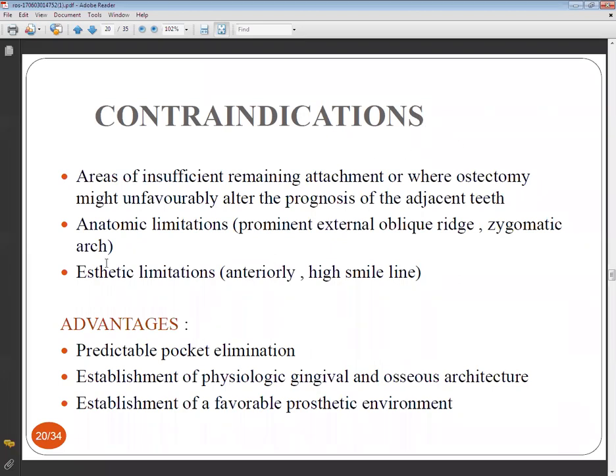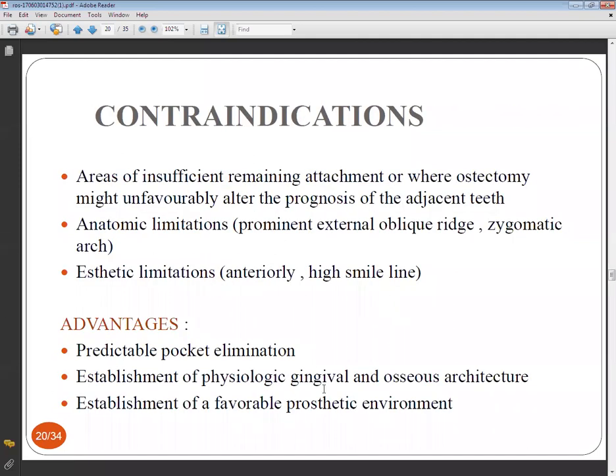Then anatomical considerations: defects nearer to the external oblique ridge, zygomatic arch, or maxillary sinus. In such cases, it should be avoided. Aesthetic limitations: as we are compromising bone here, it is not aesthetically pleasing. So it is contraindicated in the anterior region.